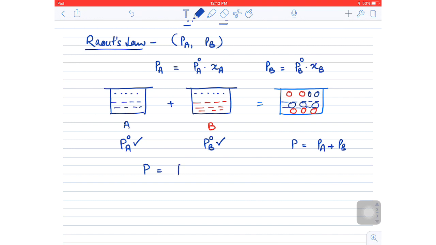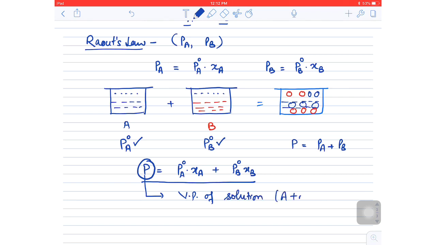So P is equal to P naught A mole fraction of A plus P naught B mole fraction of B. So this is how we can calculate the vapor pressure of a solution containing two liquids A and B, when both are volatile.